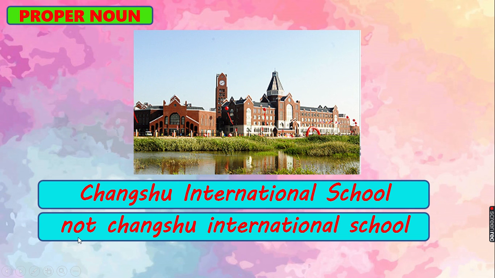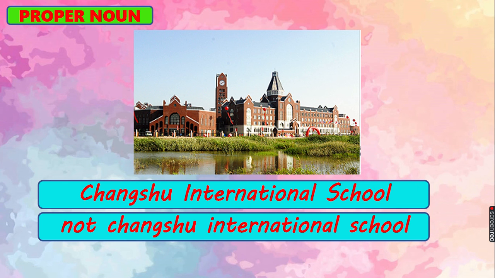Nope, we don't write it like this. Even if it's not in a sentence, even if it's not at the beginning of the sentence, Changshu International School always has a capital C, capital I, and capital S. Every word in a proper noun begins with a capital letter.